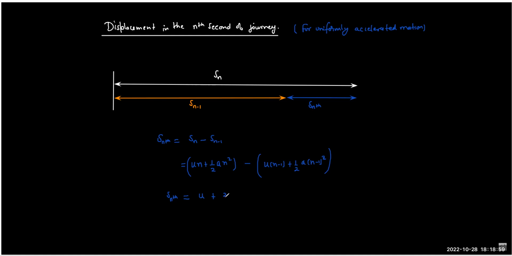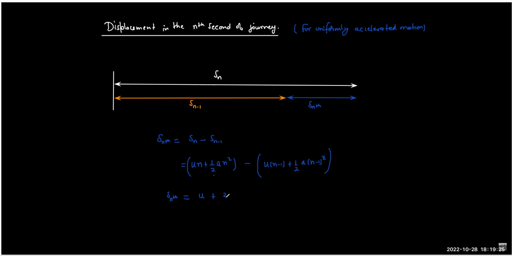Check 1 second. Have you taken care of the half, 1 by 2? Just check. 2 will not come. So what will come? u plus an minus a by 2. Correct.